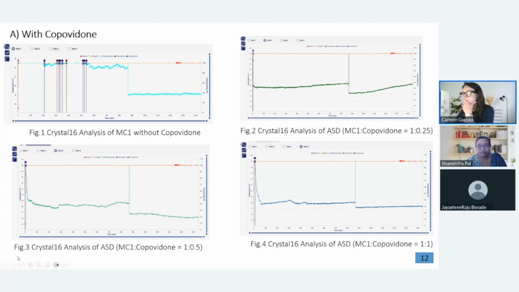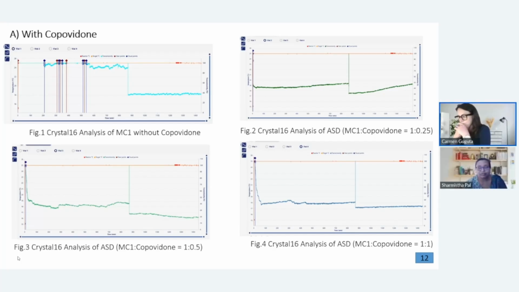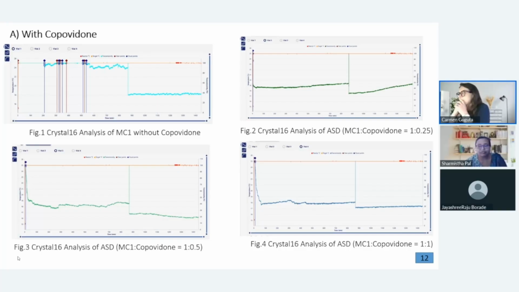The vertical lines in the graph represent crystallization events occurring in individual vials at different time points. Simply saying, these vertical lines basically represent where crystallization starts in different vials. Therefore, the Crystal16 profile helps us to evaluate the induction time, nucleation behavior, supersaturation stability, and movement of the system towards the LOC region.